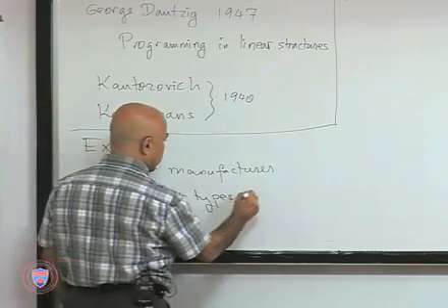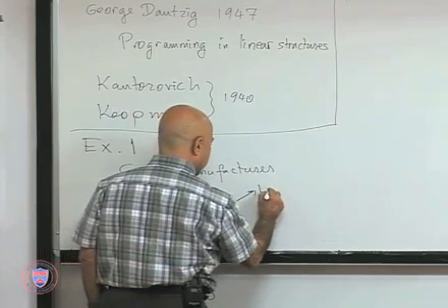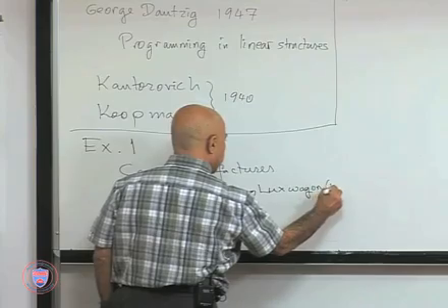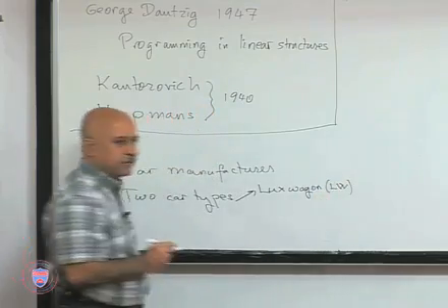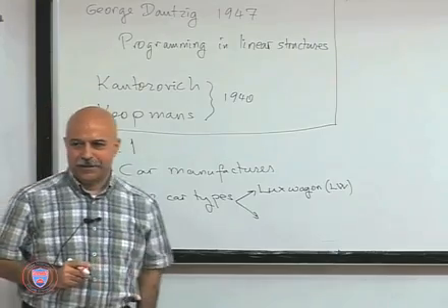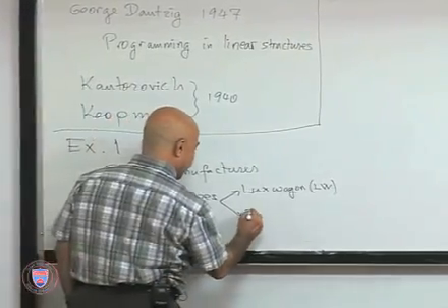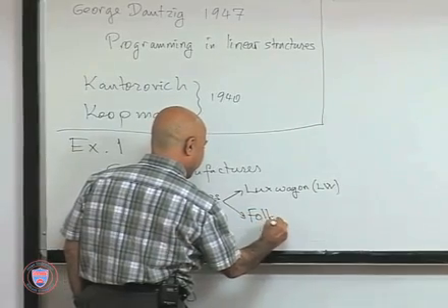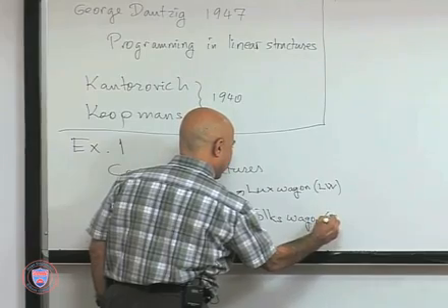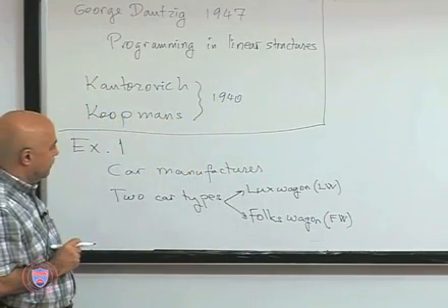One of them is sort of a luxurious type, so let's call it the Lux wagon, and I'll abbreviate it to LW. The second one is more for down-to-earth people, so it's called the Volkswagen. And I'll abbreviate that to VW.